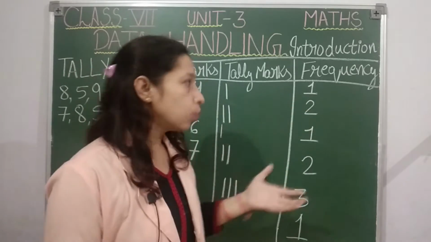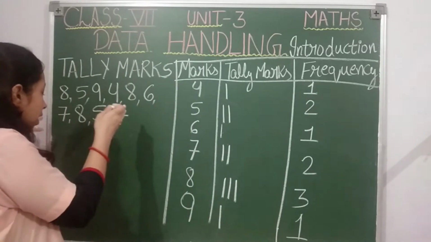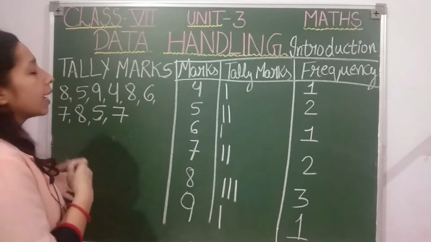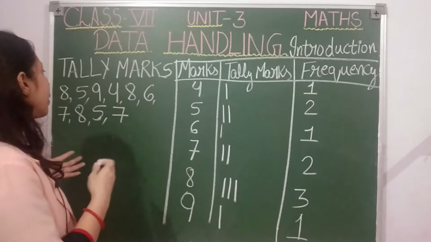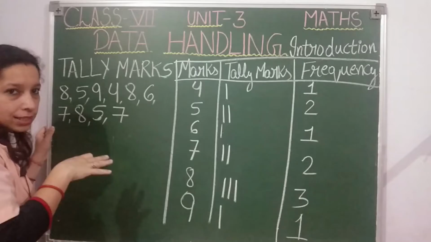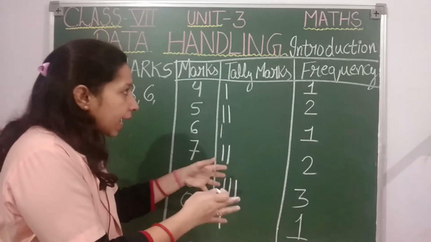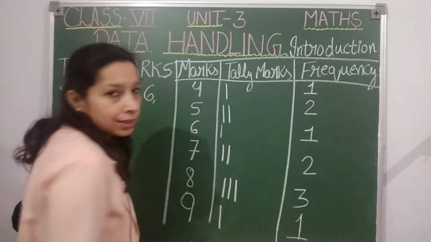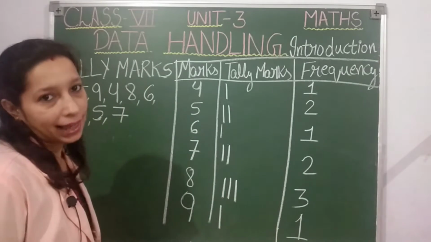See students, the use of this is that by seeing the raw data, raw data means simply written data, you can't quickly analyze something. If I ask you how many students got 8, you have to count 1, 2, 3 like this. But after arranging the data in tabular form, you can simply see from here, yes, 8 is scored by 3 students. So this is the use of telemarks students.